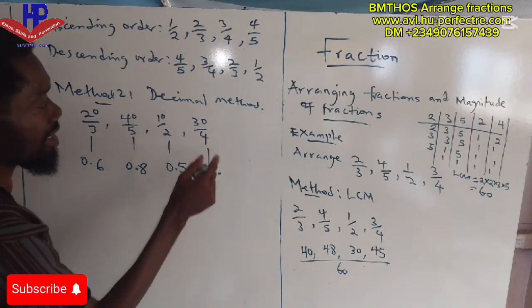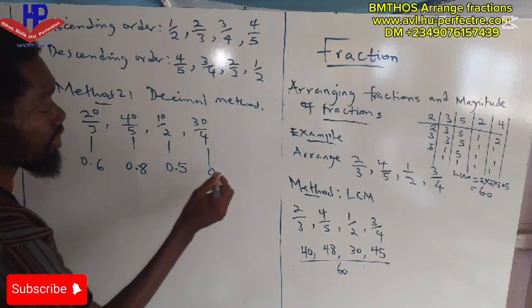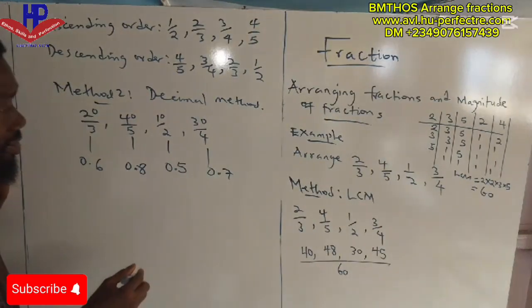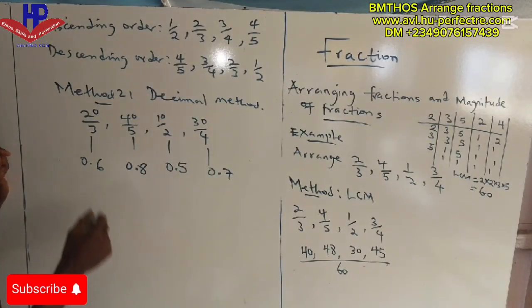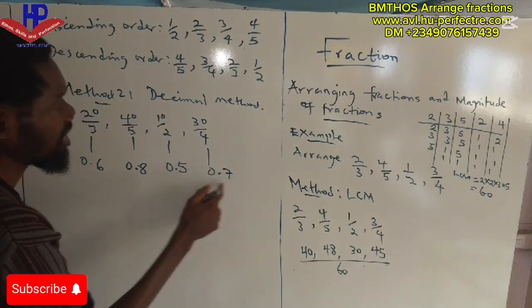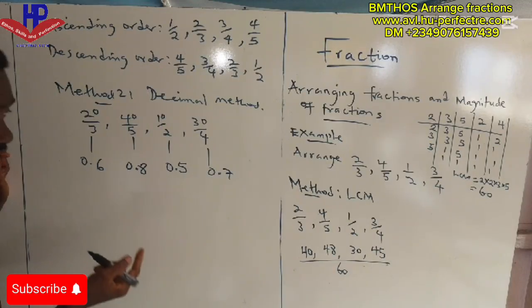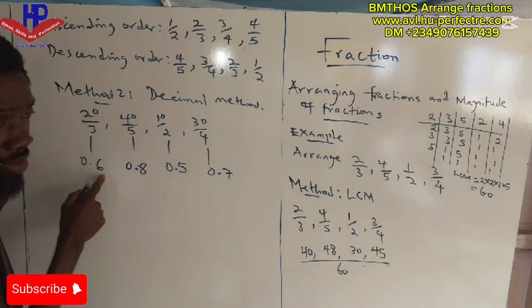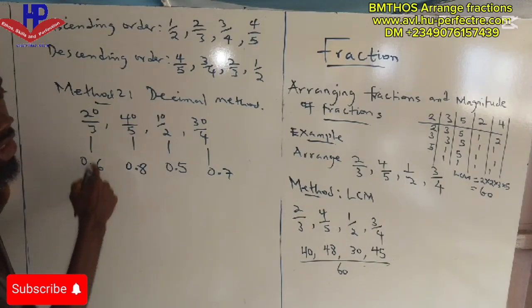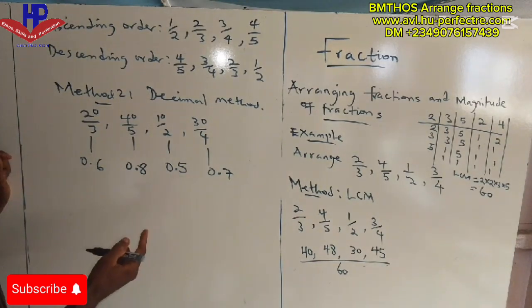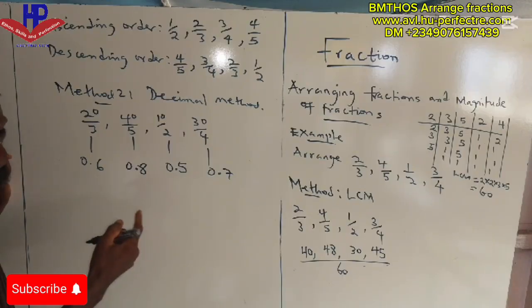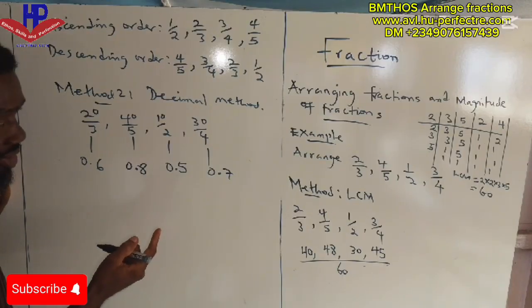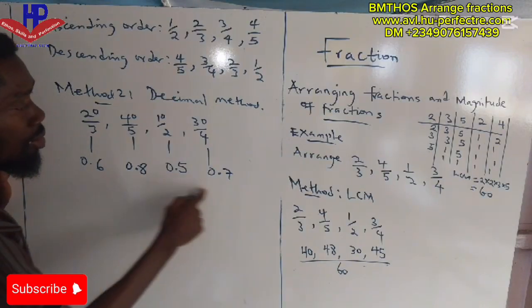How many 4 are in 30? That will be 7, which is 28. Now you see that they all have one decimal place and they are not the same. If some numbers were the same at one decimal place, then I would divide into the second decimal place to help me have a difference. But for now, they are all one decimal place numbers.